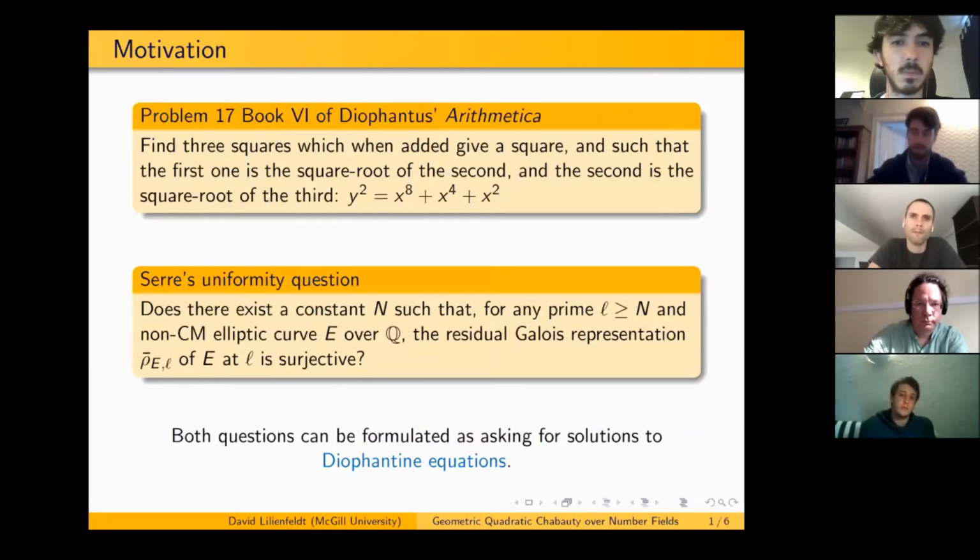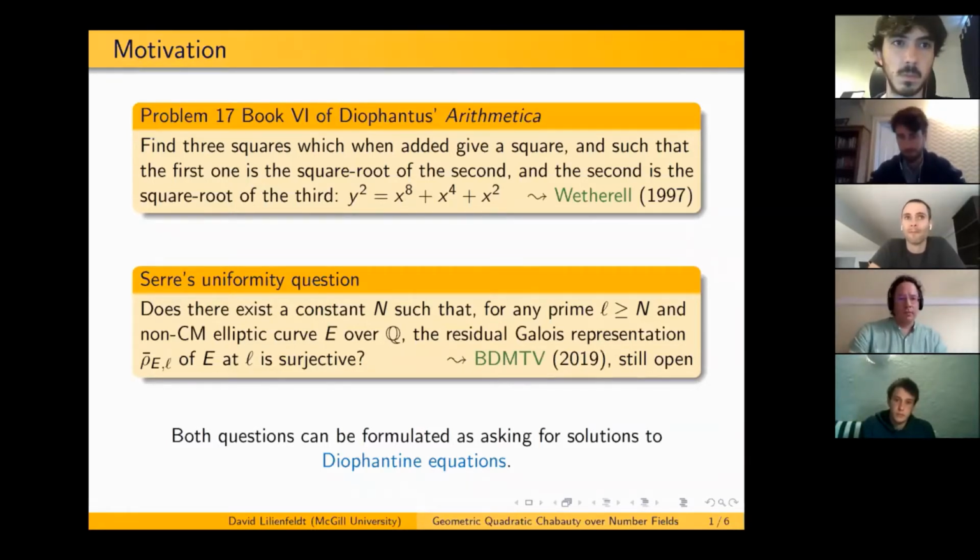Let me just finish the motivation by mentioning that the answers to these questions, sometimes partial, are quite recent actually. For the first one, which dates back to Diophantus, the answer came in the form of Wetherell's thesis in 1997. So we had to wait a very long time to have some more modern techniques in order to provide an answer to this really simple question.